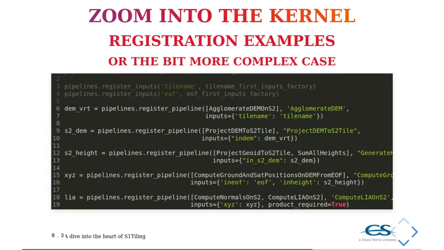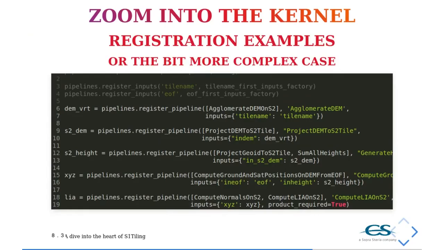From the VRT, I know I will give a name to this input, to this pipeline, because thanks to this name, I say, okay, the VRT can be used in the next pipeline, and we will give a meta name to this input to reuse it and to parameterize the step factory. The first step factories are not that complex.